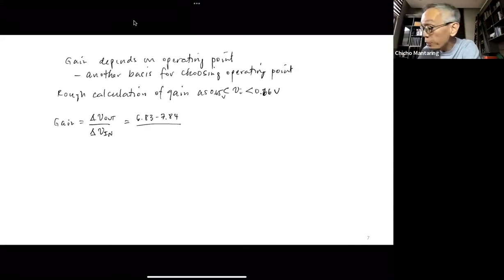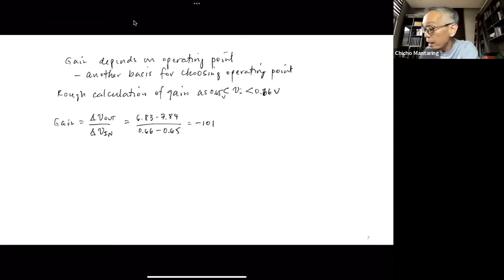And my change in input is 0.66 minus 0.65. So if I compute this, this is going to give me minus 101. This is 1.01 volt. This is 0.01 volt. So 1.01 over 0.01 will give me minus 101.